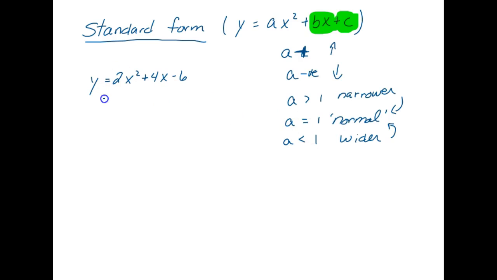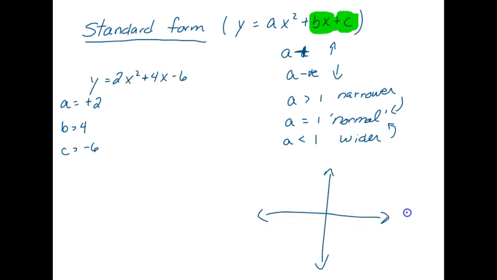Alright, so if we take a look over here, we see that our a value is 2, and it's positive 2, which means that the graph should point up. B is 4, C is equal to -6. So I'll sketch what we have going on here, where we have an x-axis and a y-axis.